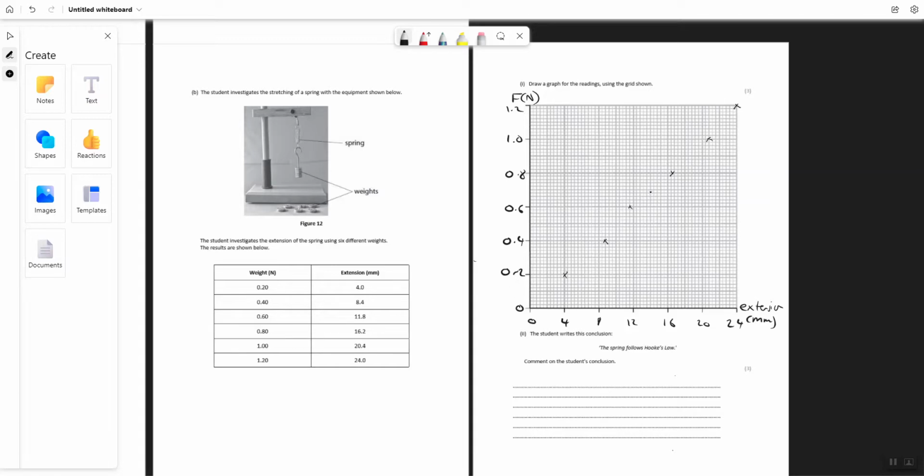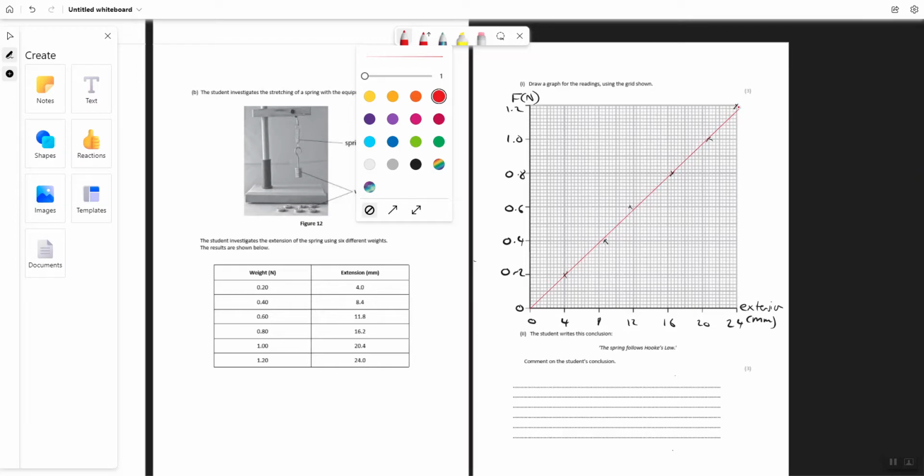So this is a straight line. I'm going to use a different coloured pen and see if I can get this to go in a nice straight line. Excellent. So this is the straight line for this, about here. Either of these is fine.